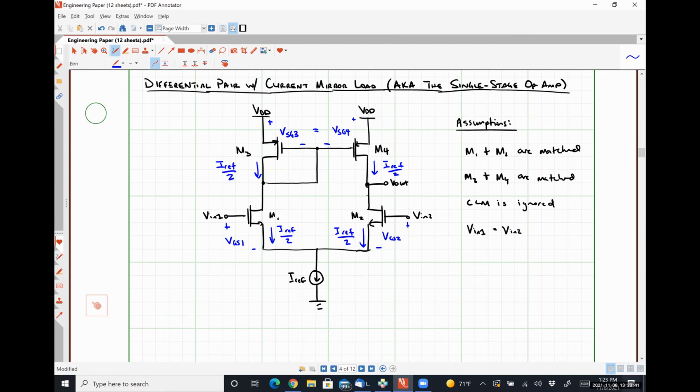So it's forcing a current of I ref over 2 to flow through M3. And then we observe that current mirroring happens, which forces a current of I ref over 2 to flow through transistor M4.